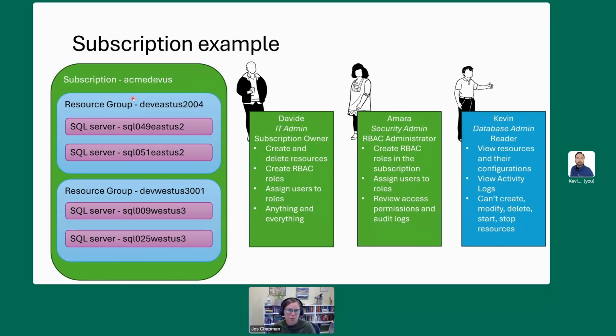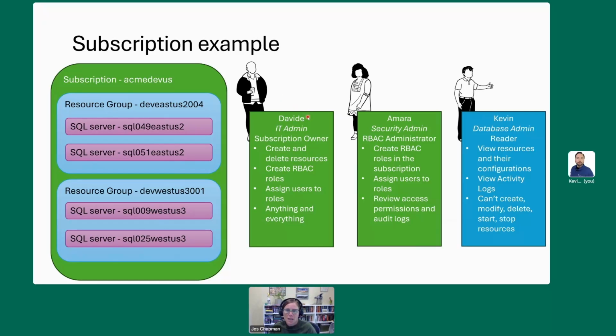Within that subscription, let's say that we have 2 resource groups, Dev East and Dev West. And within each of those resource groups, we have 2 SQL servers. Now, we're going to have multiple users at our company that are going to get different permissions here.